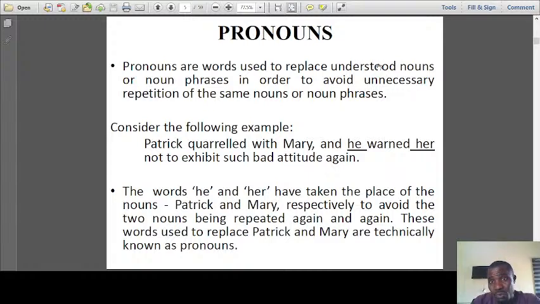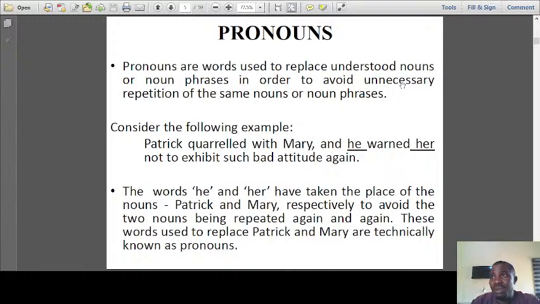You have to replace an already mentioned noun that has been known before you use a pronoun to replace it. And the major essence of using a pronoun to replace noun or noun phrases is to avoid unnecessary repetition of the same nouns or noun phrases.